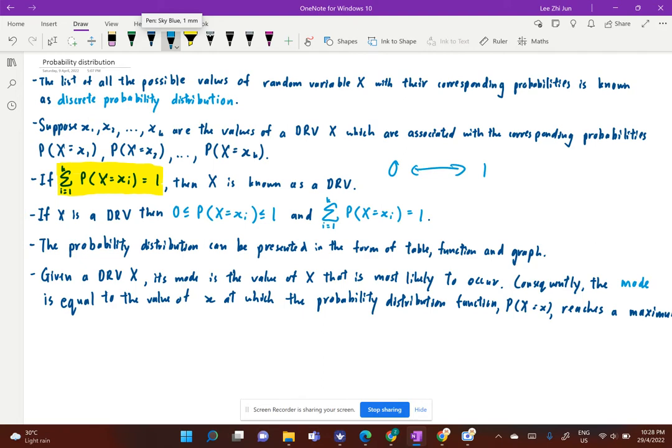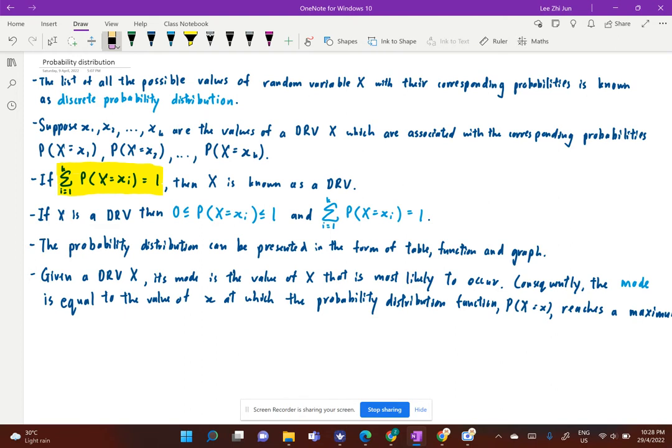Same as the probability in chapter 8, 0 is the impossible outcome and 1 is the most possible, 100% possible. And the total sum of the probability will be 1. It's the same concept as the chapter 8 probability.